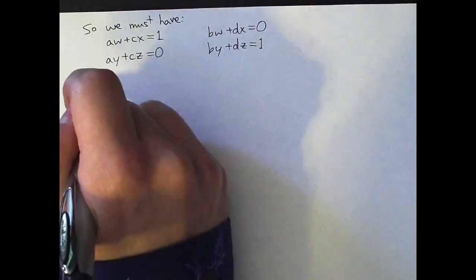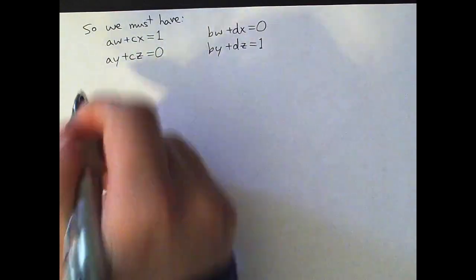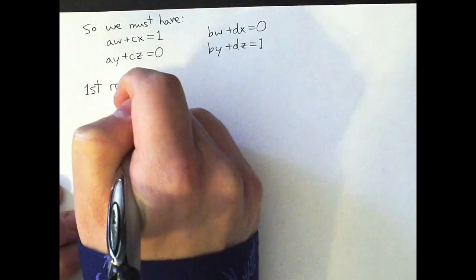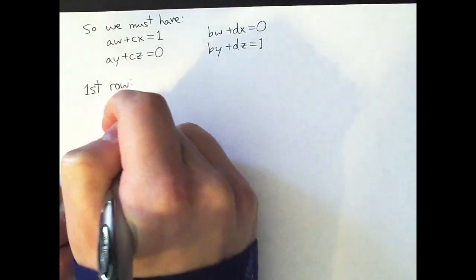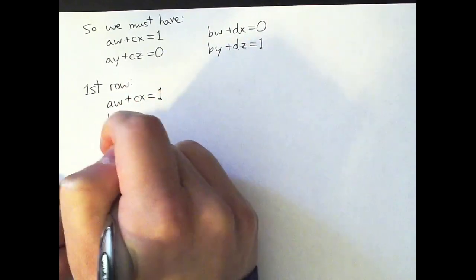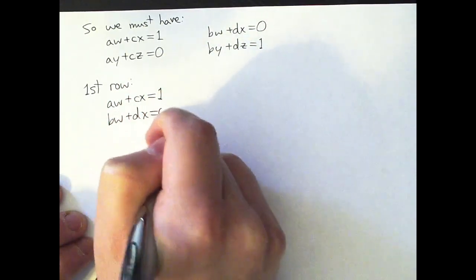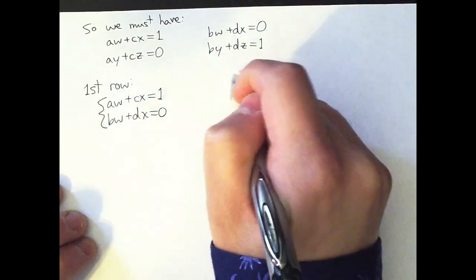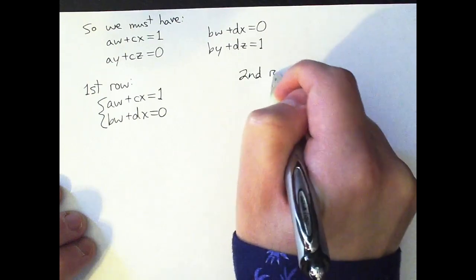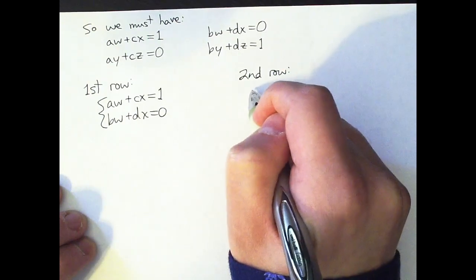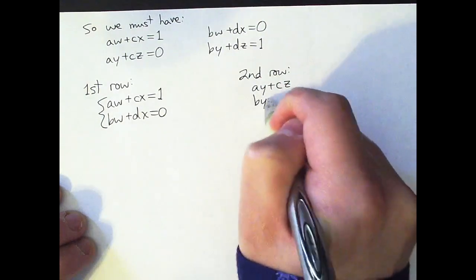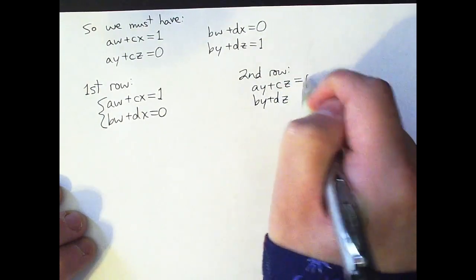Here's what we're going to do. Instead of writing it as one big system, I'm going to write it as 2 systems. I'm going to focus on the equations from the first row, which are this and this. And the equations from the second row are AY plus CZ, BY plus DZ, so that equals 0 and that equals 1.